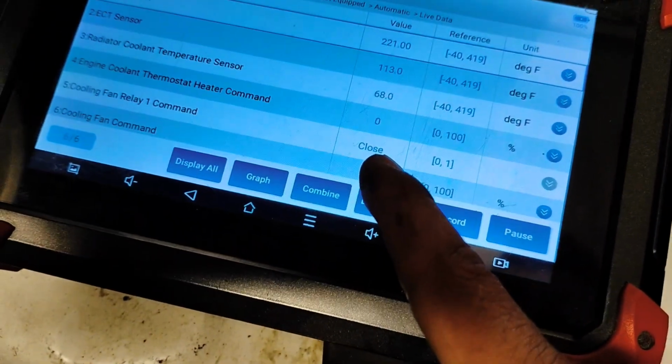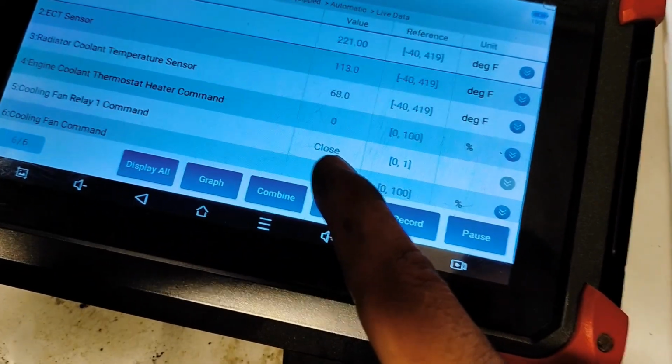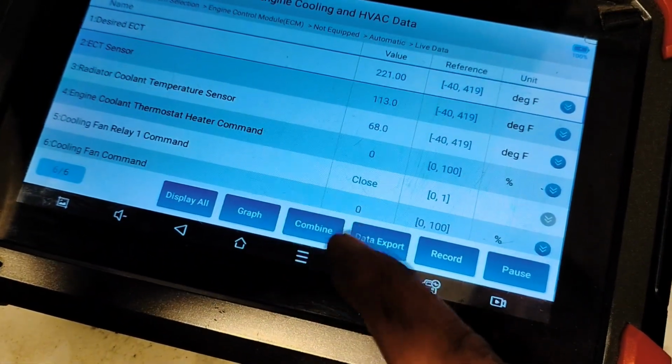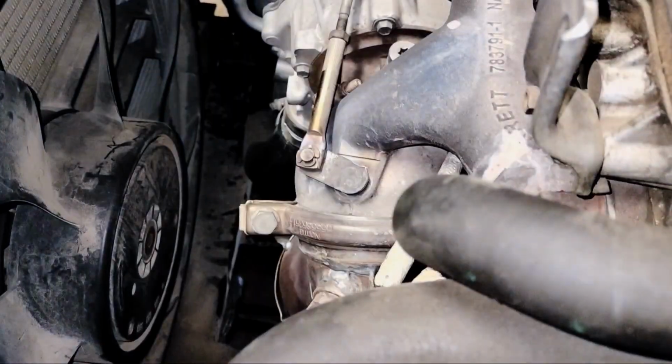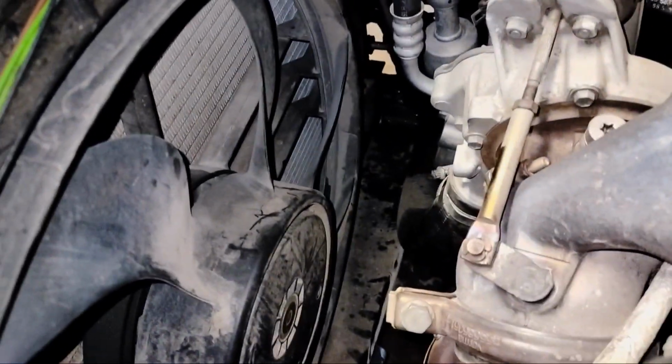And we have a coolant fan one command. That's one speed, the low speed. Right now the vehicle hasn't turned on the high speed fans, neither the low speed fan, so it is off. So things are looking pretty good right now.